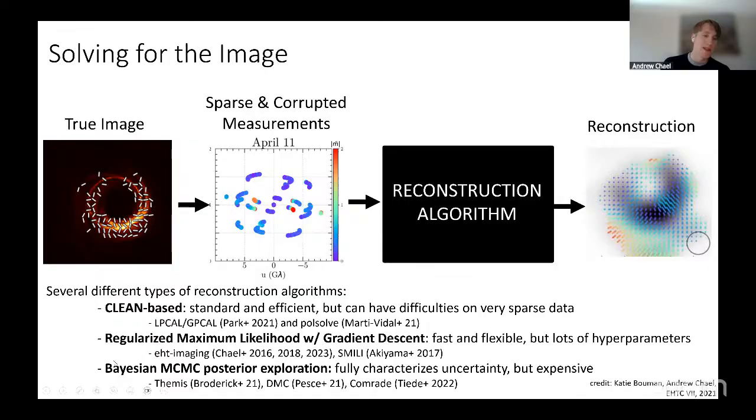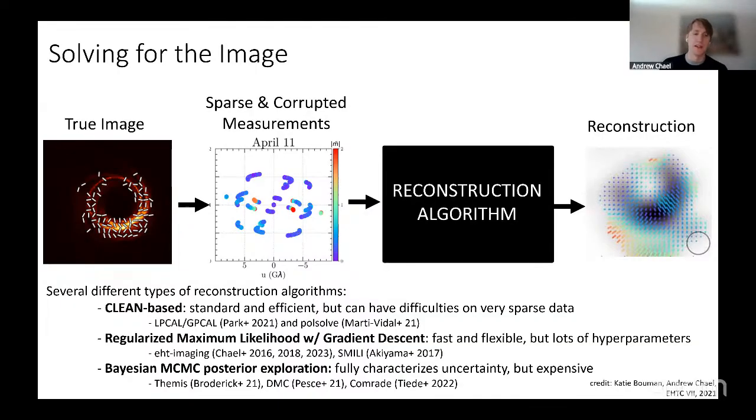The first are the CLEAN-based approaches. This is the standard method, which goes back more than 50 years at this point. It's used for most interferometric imaging. Basically, it takes a dirty, corrupted image in the image domain and tries to clean it up by deconvolving the point spread function off of the image.